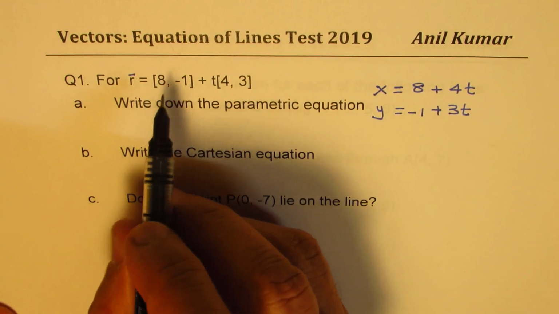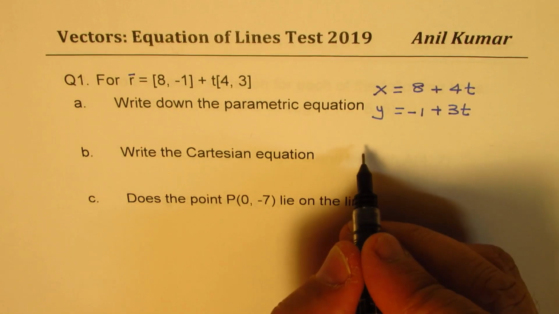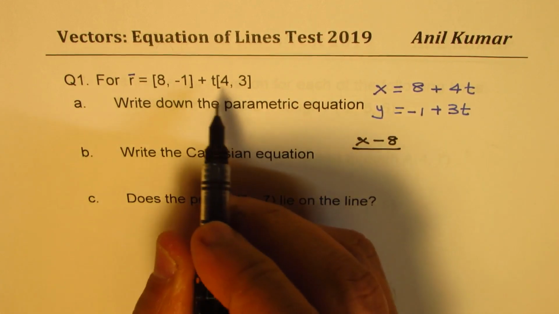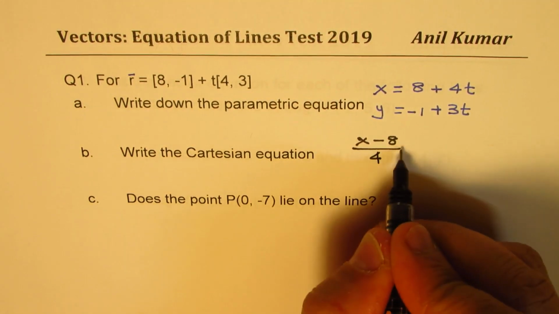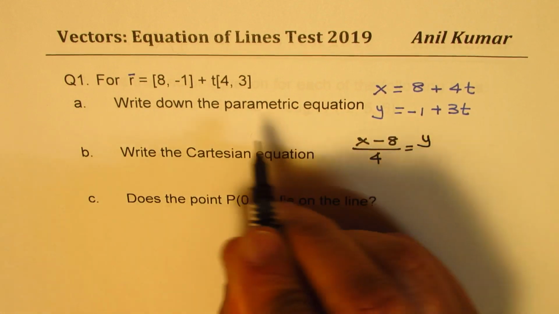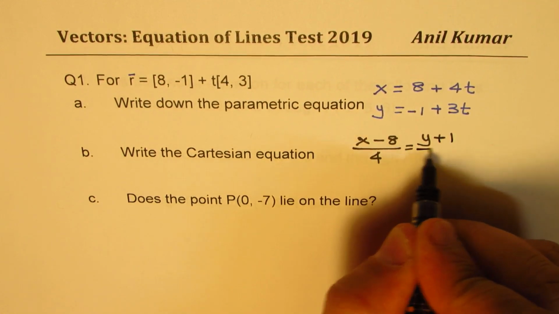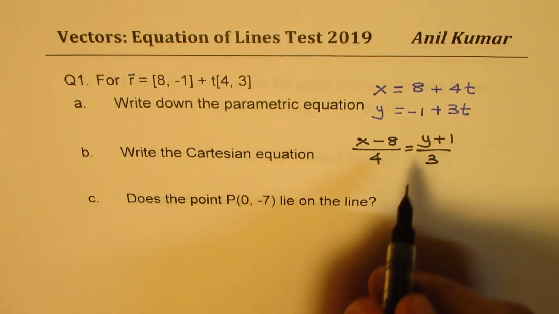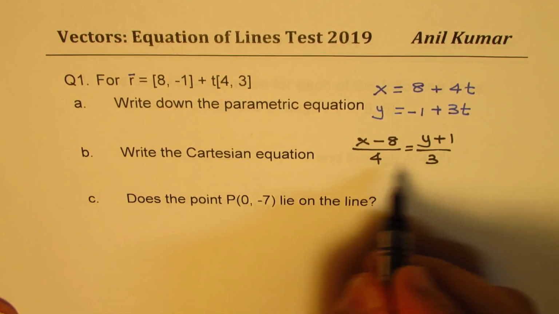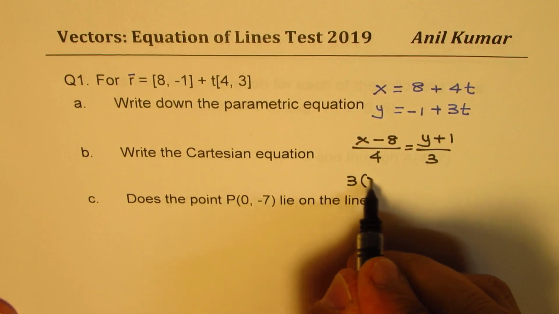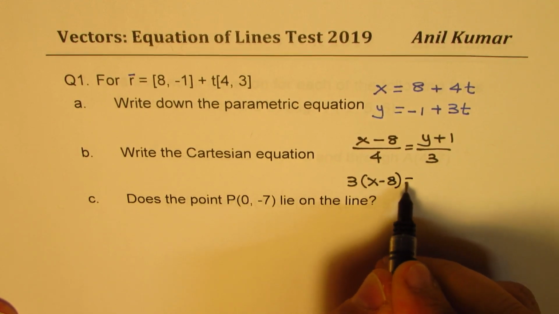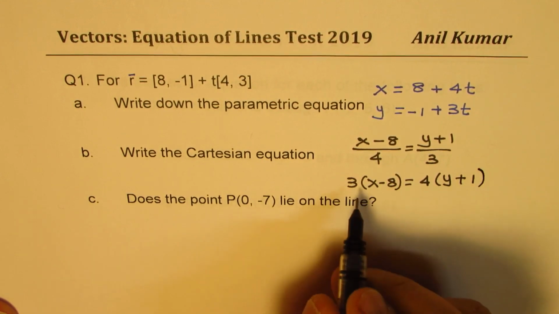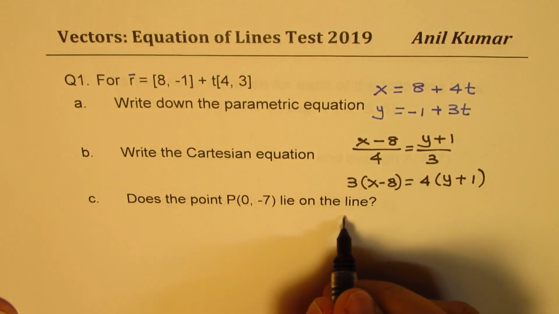We could write this, the point is (8, -1). So in symmetric form, we get (x minus 8) over the direction 4 equals (y minus minus 1) over 3. Now we can cross multiply, so we get 3 times (x minus 8) equals 4 times (y plus 1). Let's apply the distributive property.